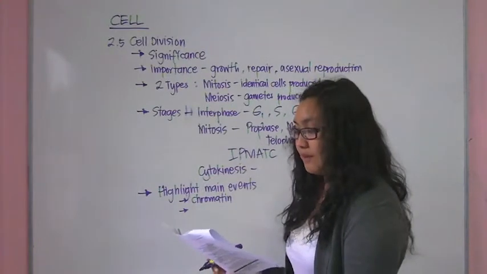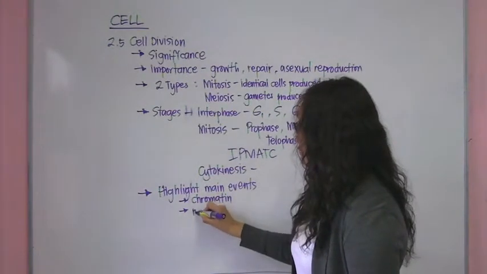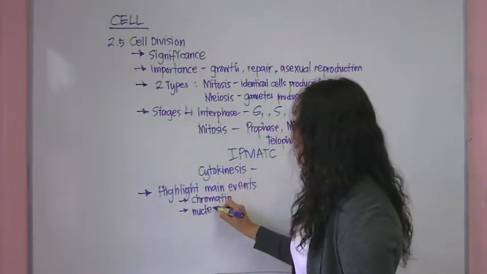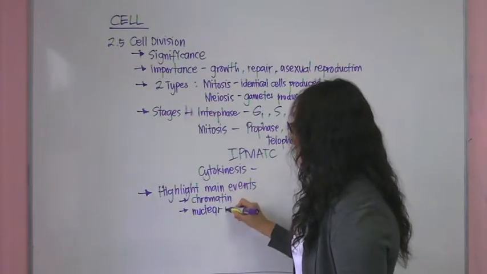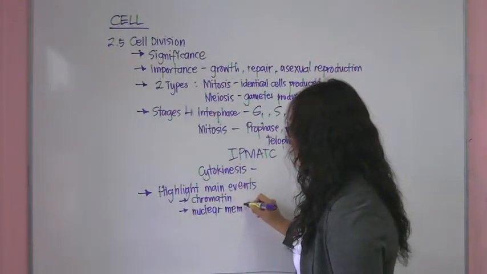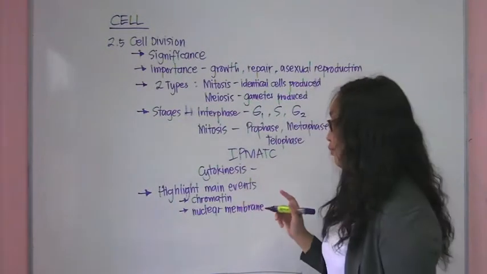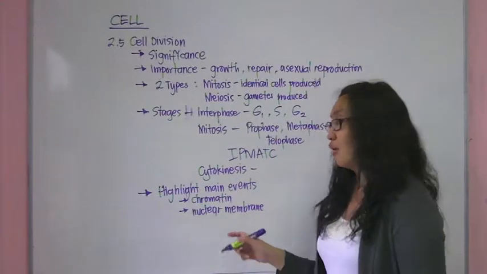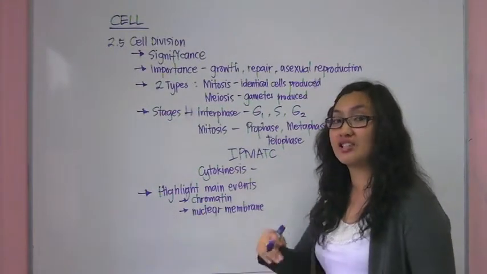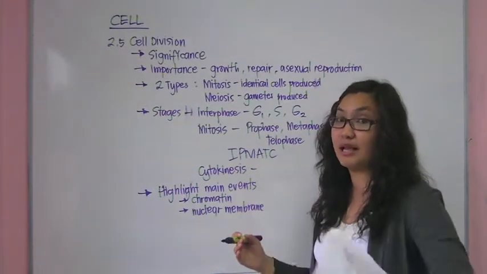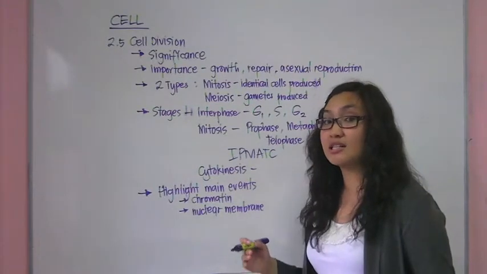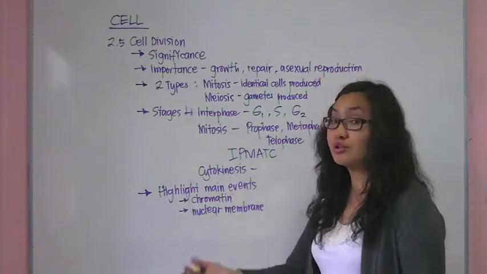Another thing, since the cell is going to undergo cell division, the nuclear membrane is not going to be used for a while, so in prophase, the nuclear envelope that separates the genetic material from the cytoplasm and other organelles is going to disappear for a while.